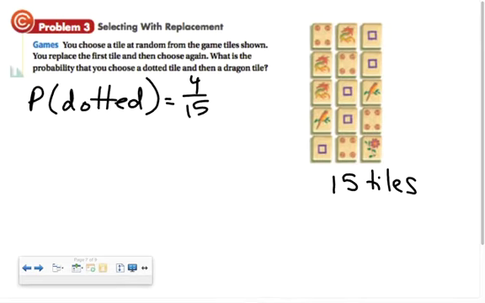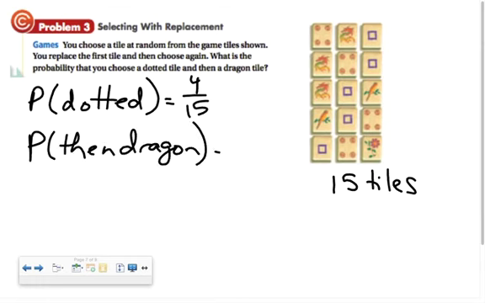So I take that dotted tile and I put it back, and then I want to find the probability of a dragon tile. Well, I have 1, 2, 3 dragon tiles.